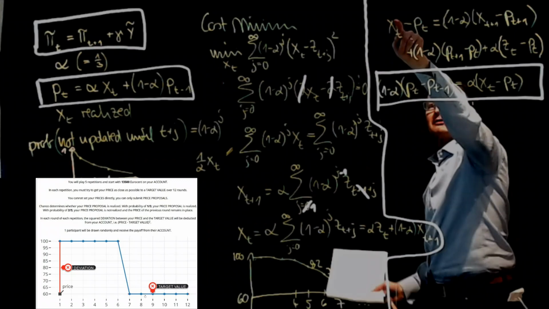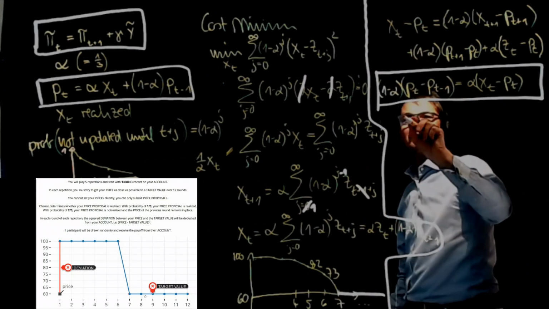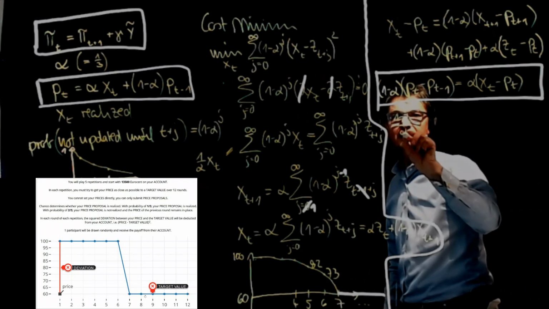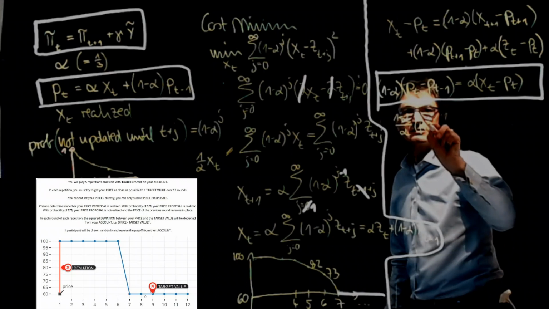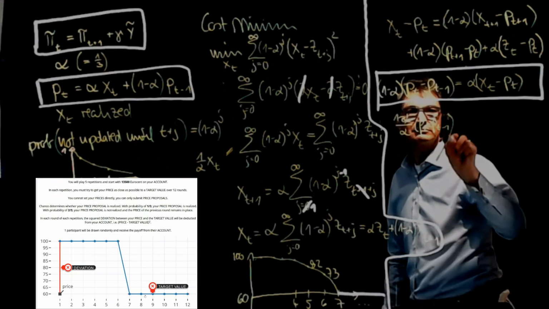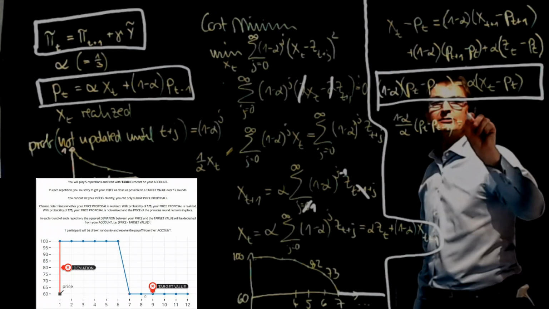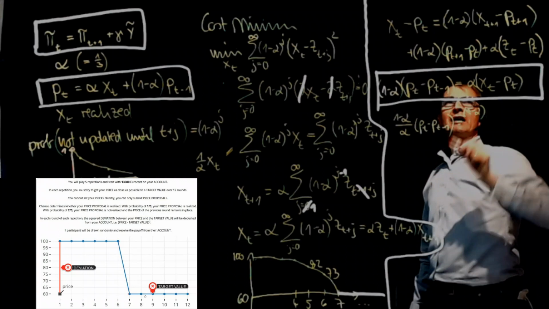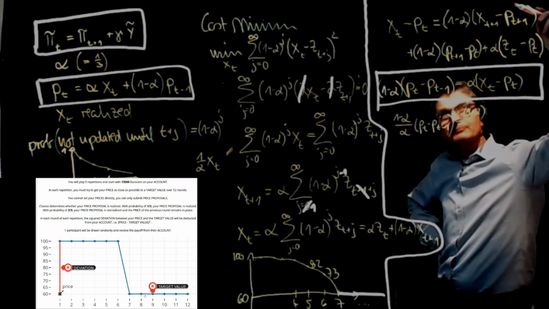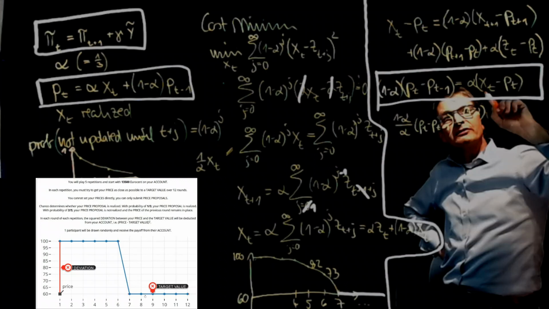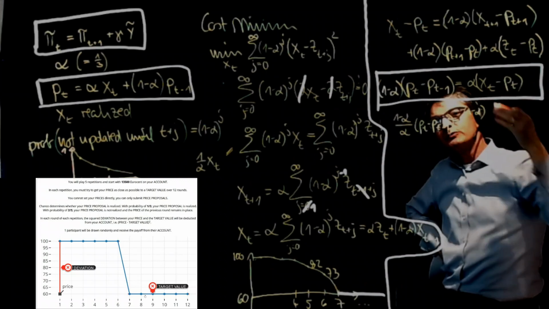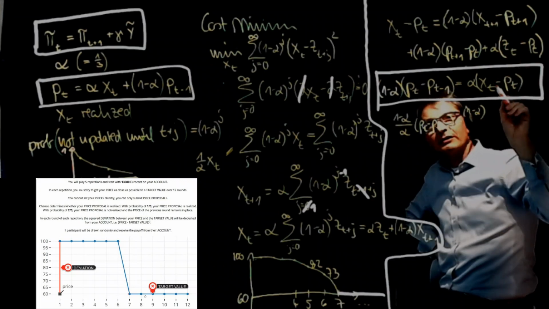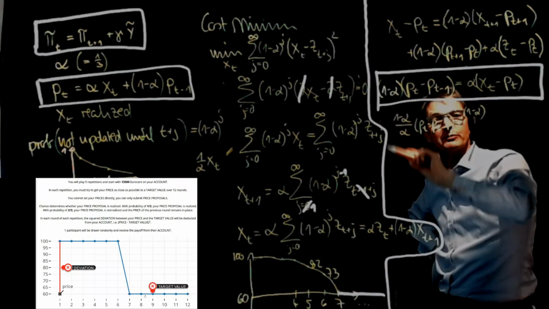And I insert this up here to see then that we get (1 minus alpha) over alpha times p_{t-1} and that is equal to 1 minus alpha. And now look at this. This is basically the same expression as here, shifted one round to the future. So we can then insert for this by also shifting this one round to the future.